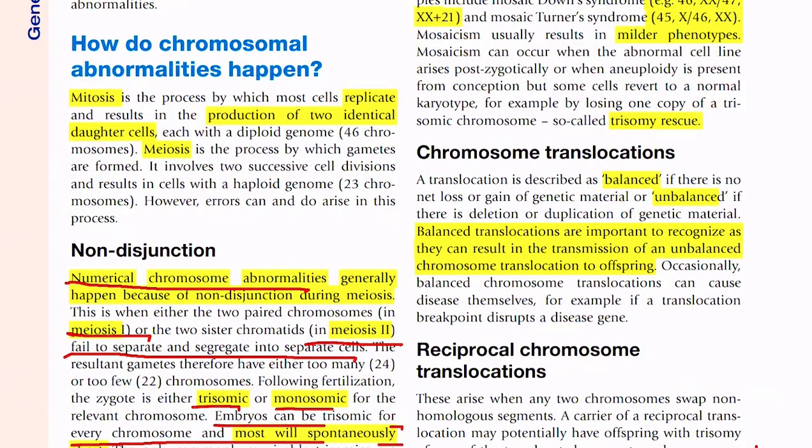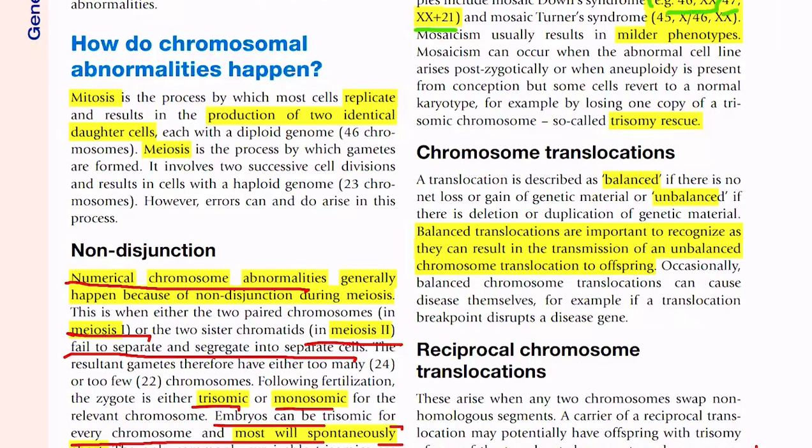See here, in mosaicism, some cells are normal, so it is 46 normal chromosomes in the female, and some have trisomy, that is 47 chromosomes, XX plus 21. This is mosaicism. In mosaicism, they will write the karyotype like this.